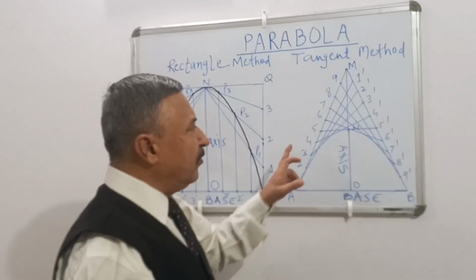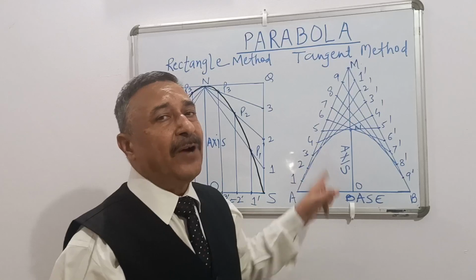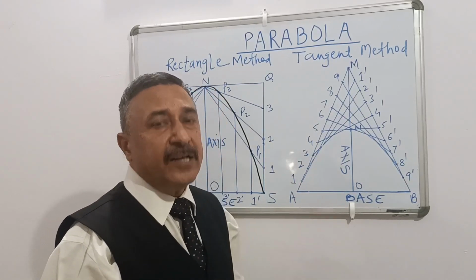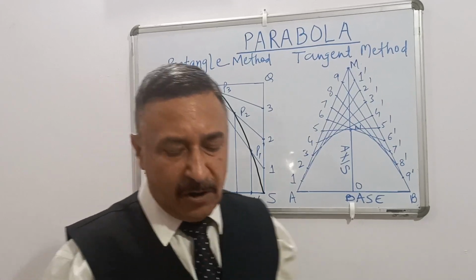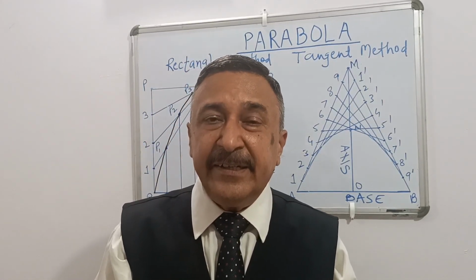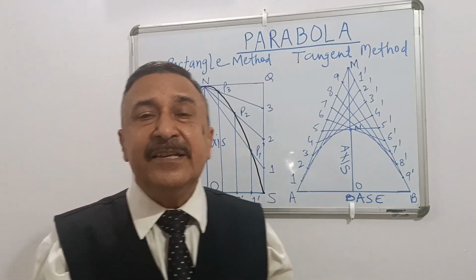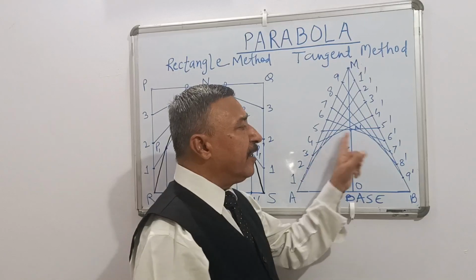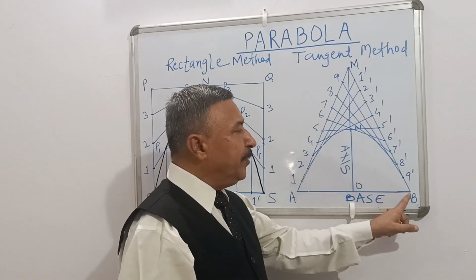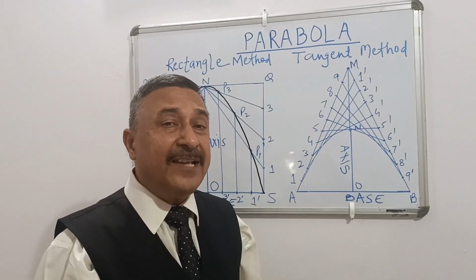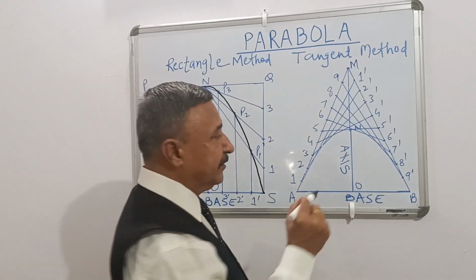Now whatever lines we find are supposed to be tangents on the curve which we have to draw, that is the parabola. So by assuming that these are tangent lines on the curve, we draw a curve from A to B touching these lines, because these lines are tangents on the curve.